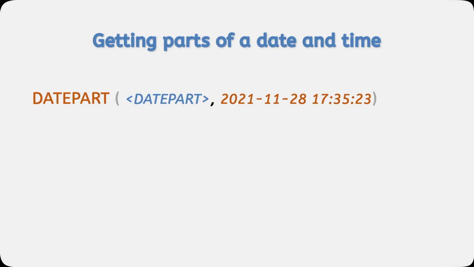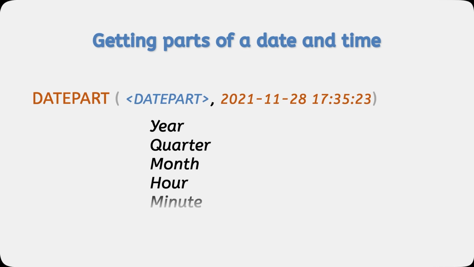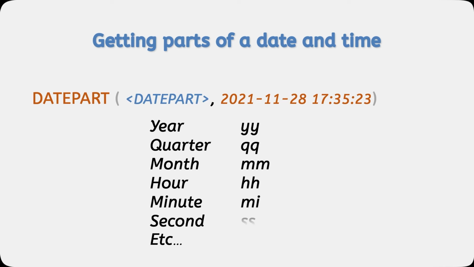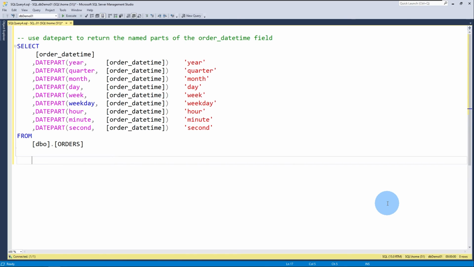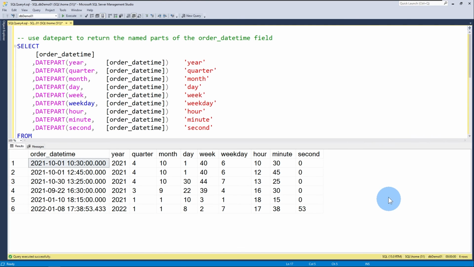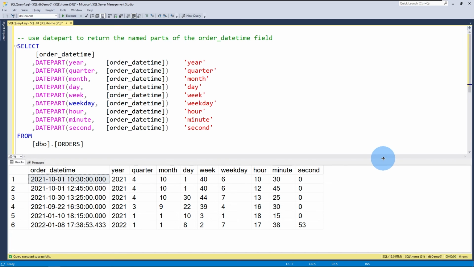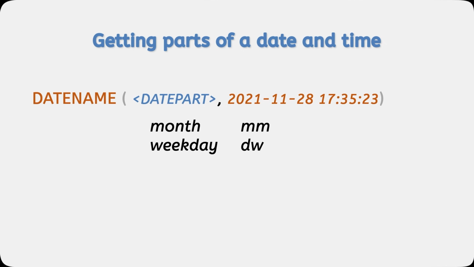There are quite a few DATEPART names ranging from year right down to nanosecond and everything in between. There are also shortcuts for each DATEPART, but it's not recommended to use these as they can be ambiguous. If we use a few of these DATEPARTs in a query on our orders table, you can see that the order datetime field can be split into its various components. You can see all the DATEPART names on the Microsoft website in the description. And with the DATENAME function, you can use month or weekday to get the text representation of those DATEPARTs.